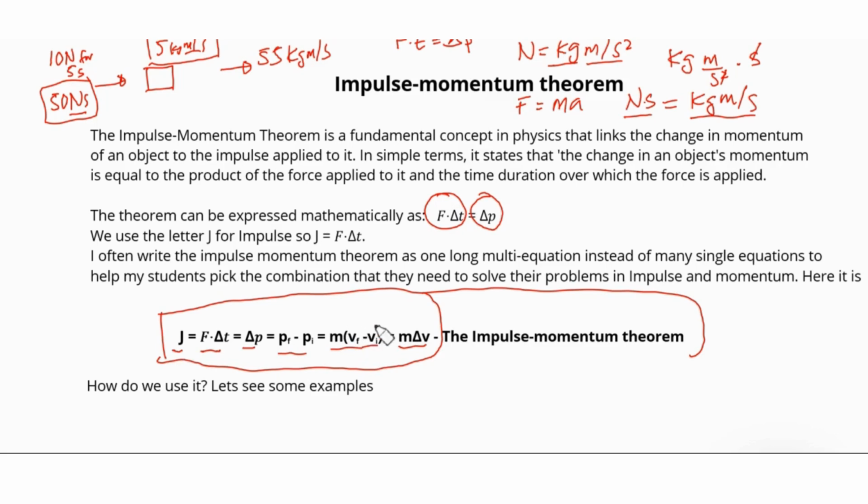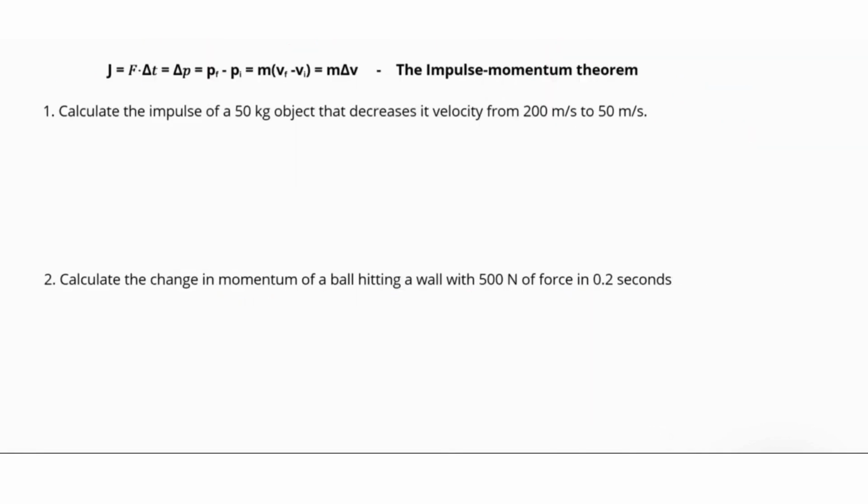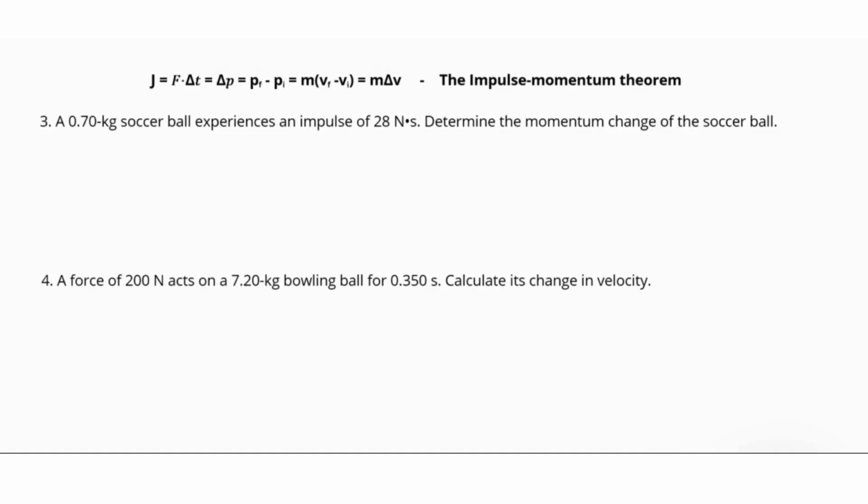I'm going to paste this in all of our question problems so I can show you how we use this to simply solve for problems. Instead of giving you 8 or 10 different equations, just give you one this way, and you could use the parts of the equation that you need.